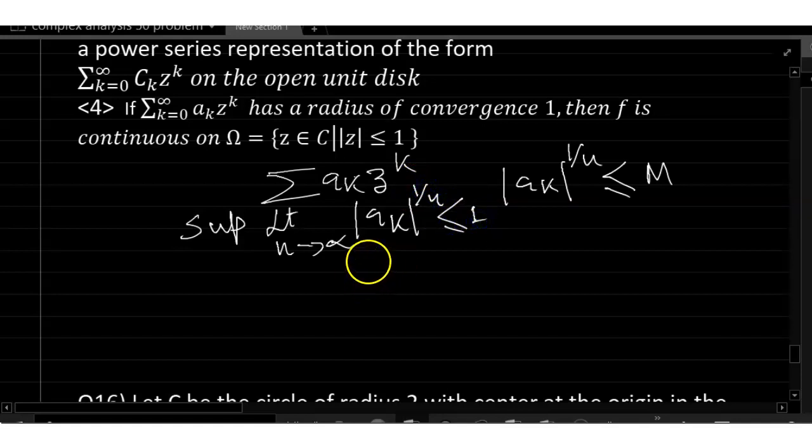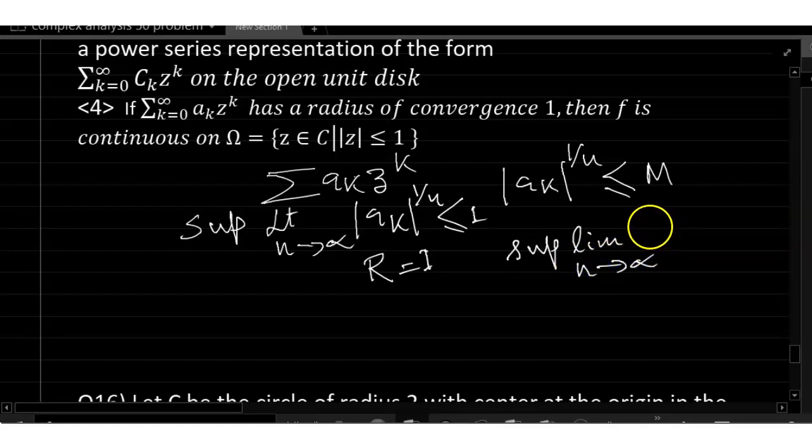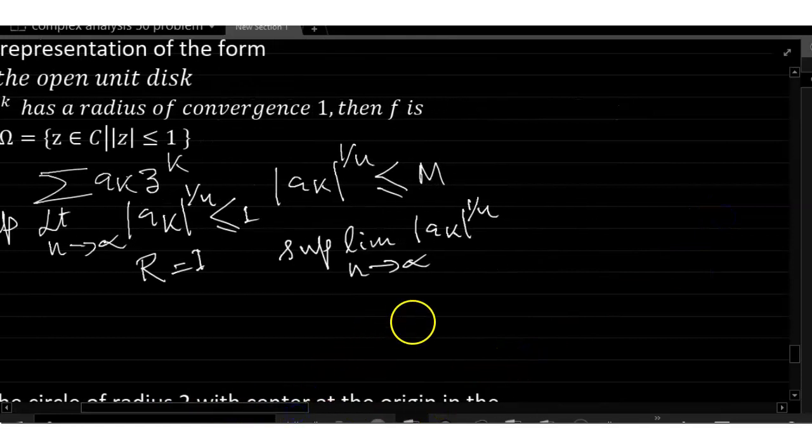So r equals 1, and supremum limit n tends to infinity of mod of ak whole to the power 1 by n is less than or equal to M to the power 1 by n. So as n tends to infinity, it is 1.